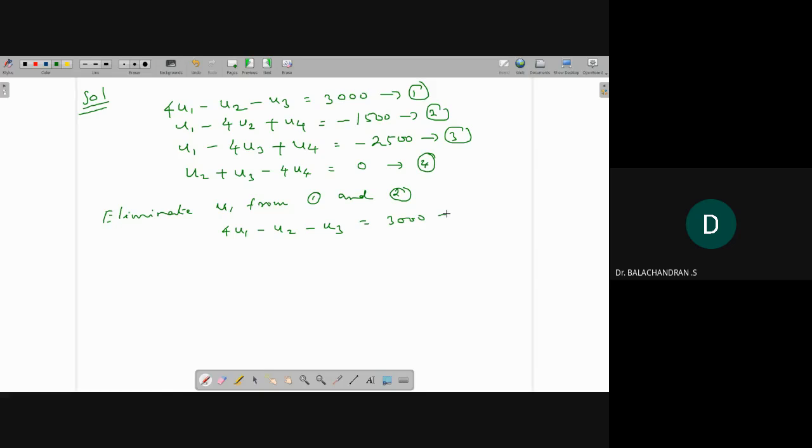This is actually 1. Multiply equation 2 by 4, you will get 4u1 minus 16u2 plus 4u4 equal to minus 6000.